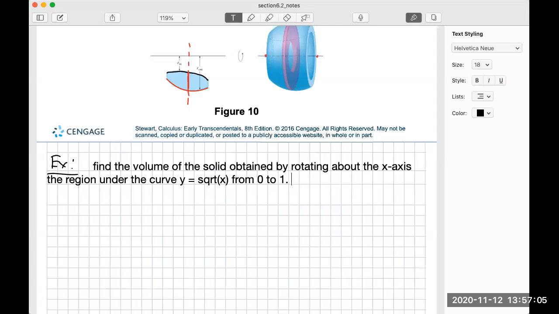Illustrate the definition of the volume by sketching a typical approximating.